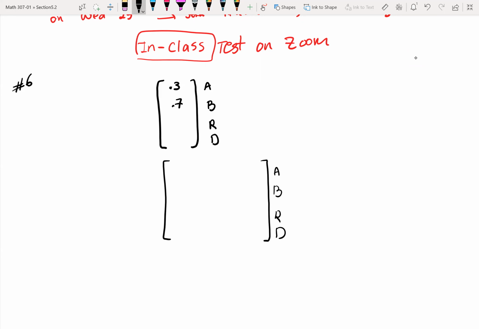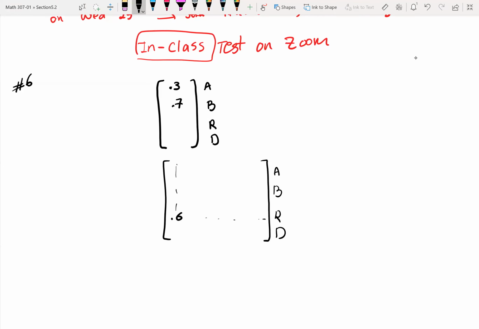So 30%, 70% are bedridden, and then 60% of ambulatory patients have recovered. So this is just like this.